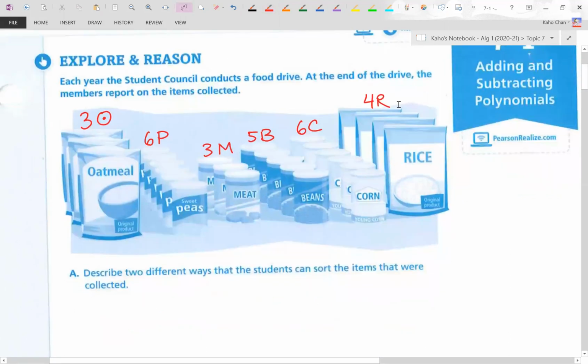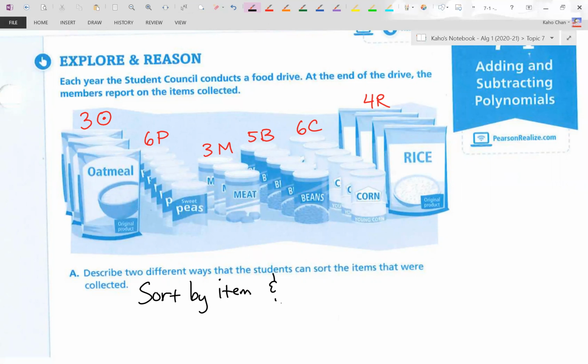Nice. Question, describe 2 ways that the students can sort the items that were collected. I guess they're already sorted by item, so let's write that down. Maybe another way is to look at how they're packaged.